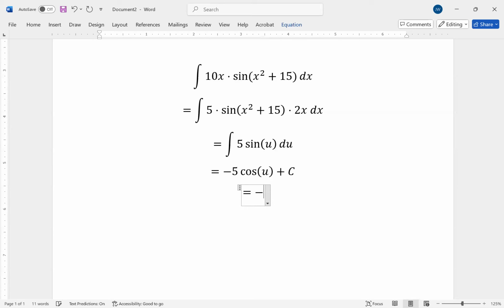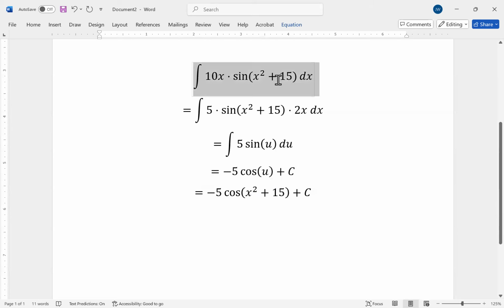So that's going to be negative 5 times cosine of x squared plus 15 plus c. That's one of the analogies that I use on this substitution. I want to start with something in x, package it in a form that's easy to integrate, then integrate in the easier form, and then unpack it.